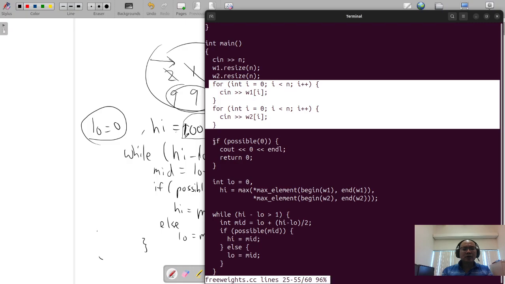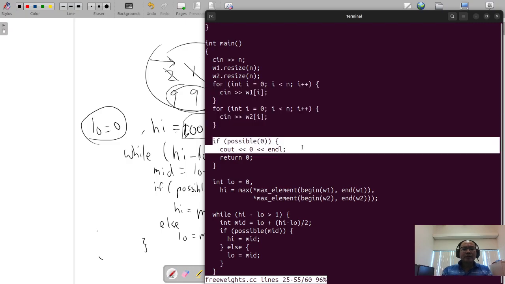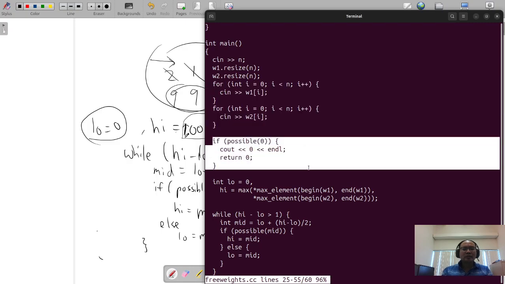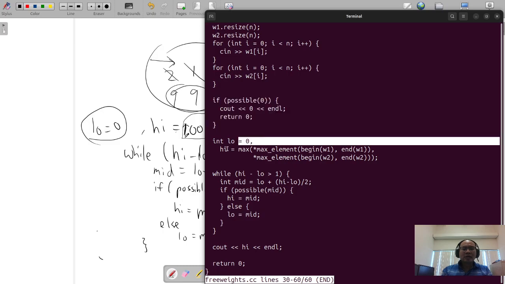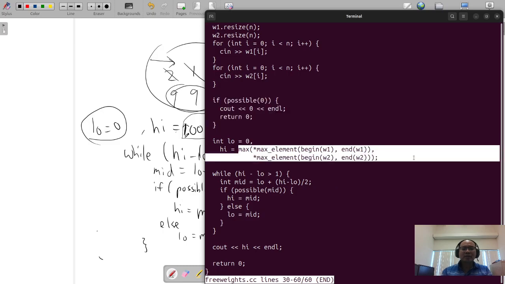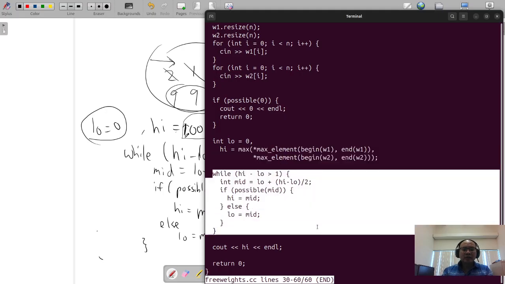I'll show you the possible function later. If 0 is possible, then I'm done because it's already solved. Otherwise, 0 is not possible, so low is 0. High is just the maximum of the two Rex weights. And then this is basically the binary search as I just wrote on the whiteboard.